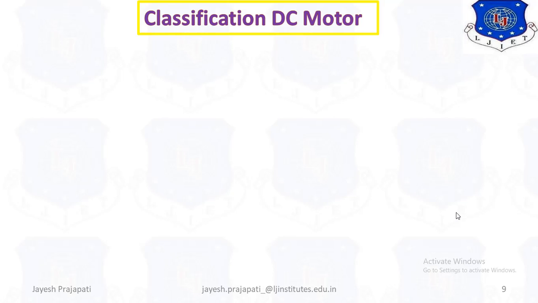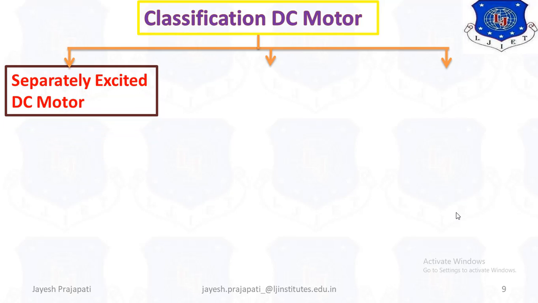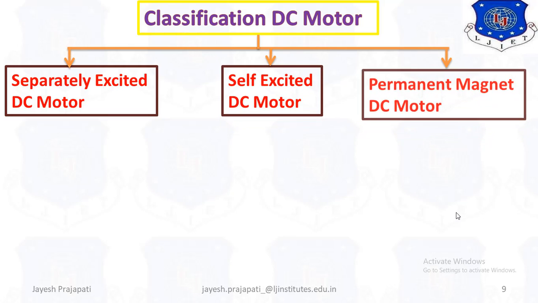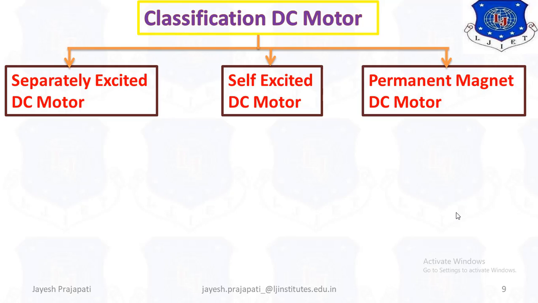Second, the armature winding, which is the rotating winding. Depending on the way of supplying power to the windings, it can be classified in three manners. First, separately excited DC motor. Second, self-excited DC motor. And third, permanent magnet DC motor.